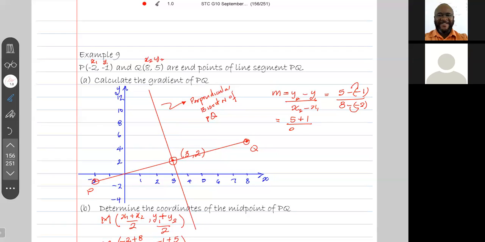This is 6 over 10, which reduces to 3 over 5. The gradient of PQ is 3 over 5.